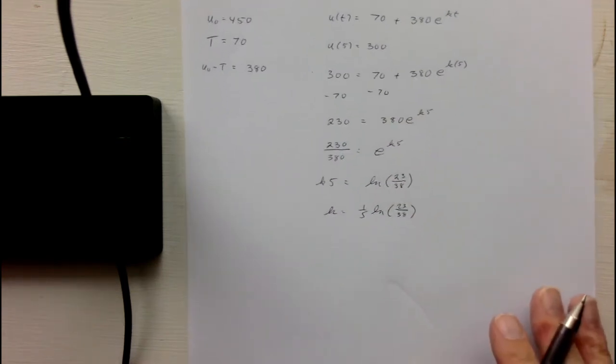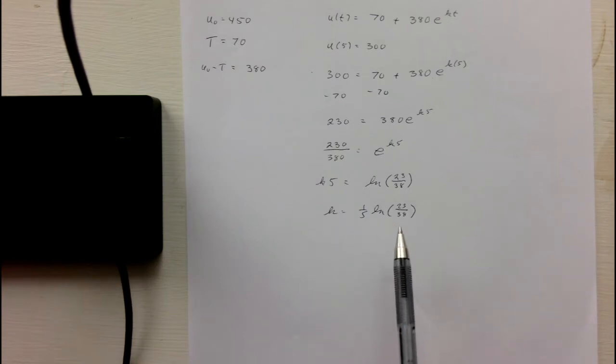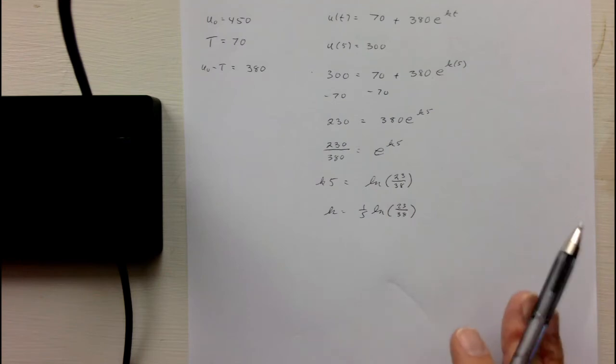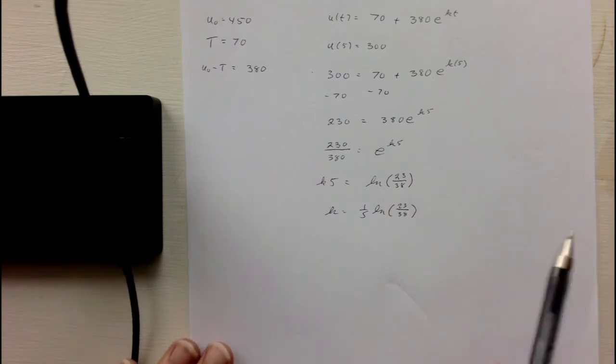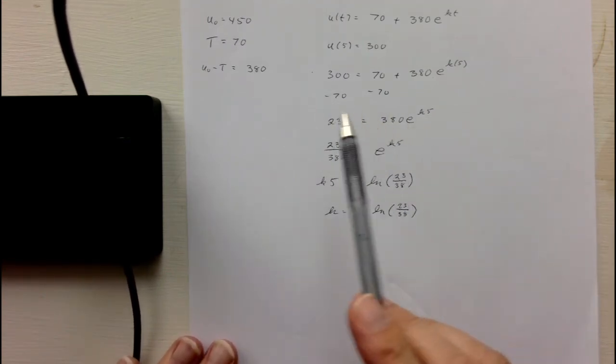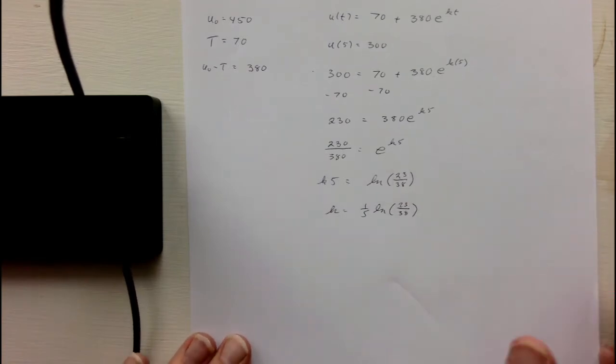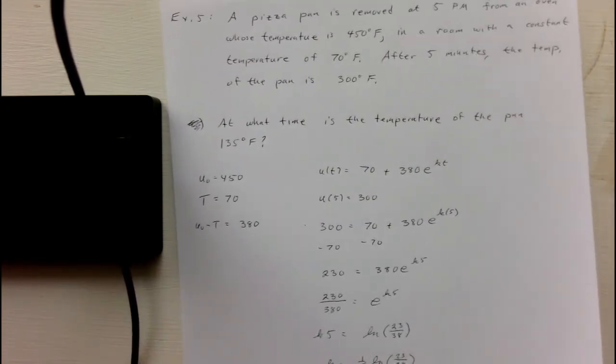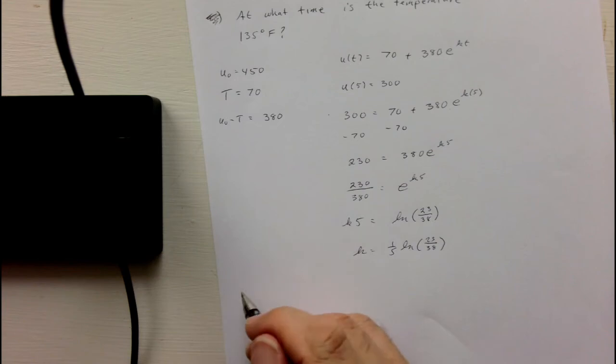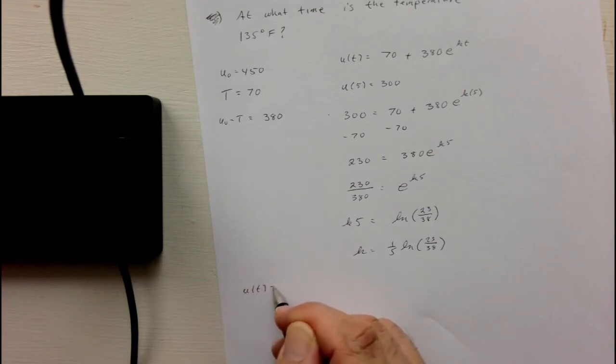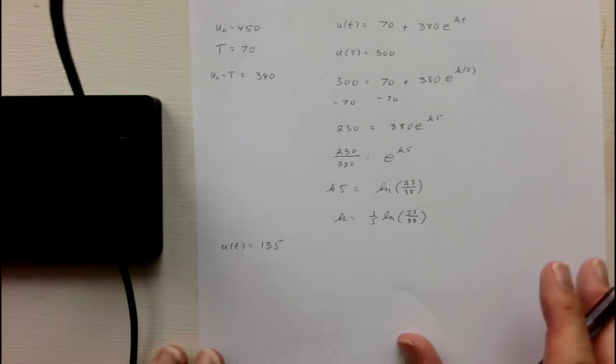Now, if you can, hold off on plugging this into your calculator and risking round-off error. Let's see what we're trying to do. We want to find when the temperature is 135 degrees. So in this case, u(t) is equal to 135, and we want to find out what t will be.